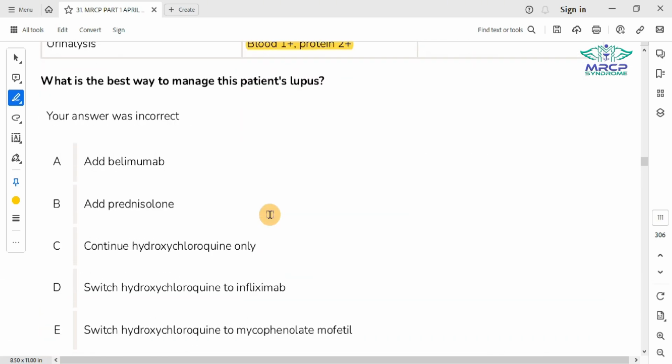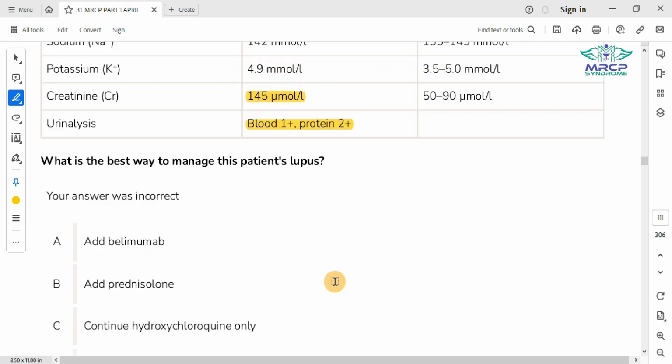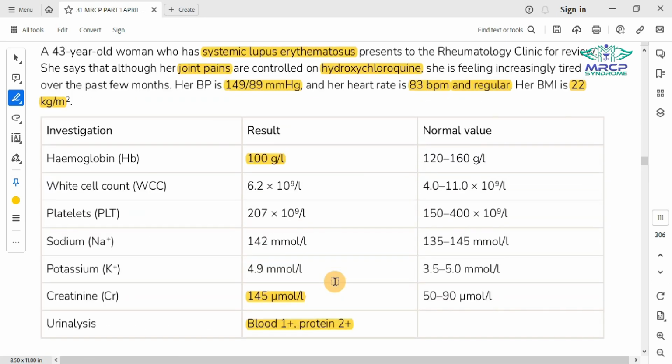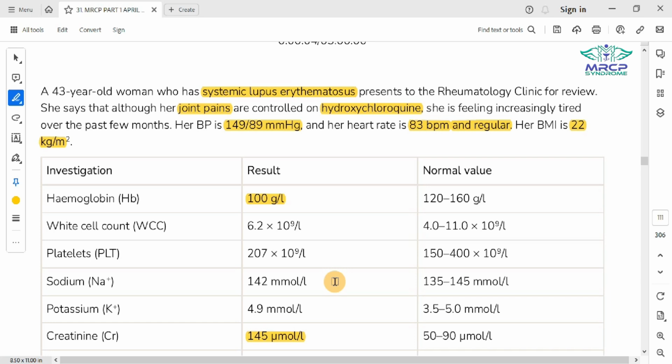What is the best way to manage the patient's lupus? Add belimumab, add prednisolone, continue hydroxychloroquine only, switch hydroxychloroquine to infliximab, switch hydroxychloroquine to mycophenolate mofetil. A 43-year-old woman who has SLE presents to the rheumatology clinic for review.